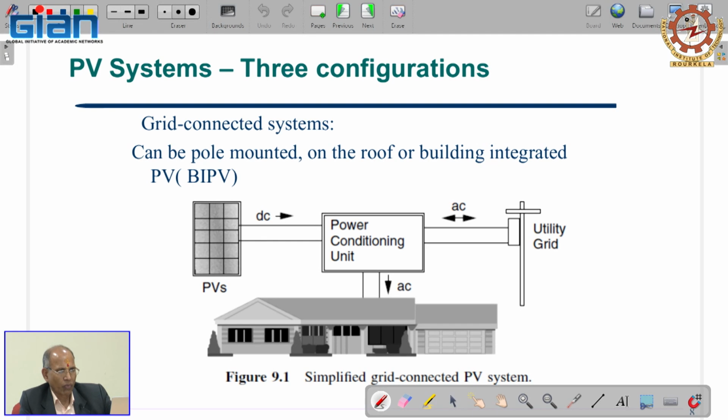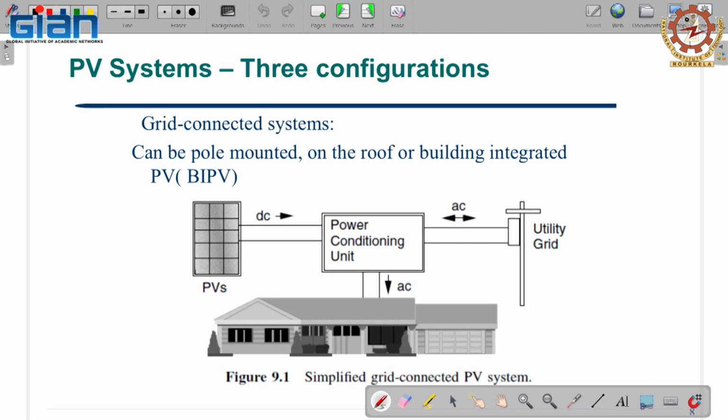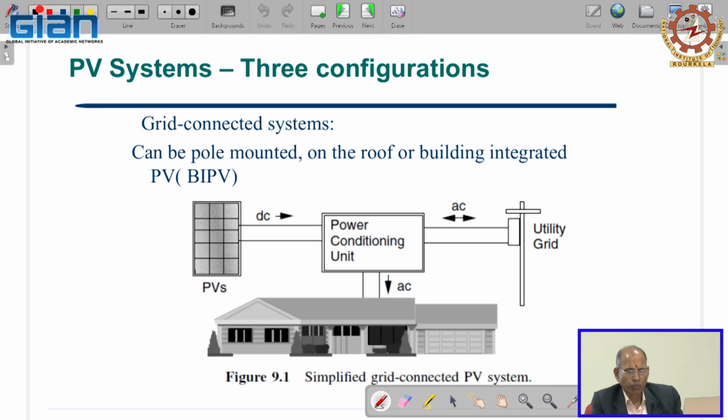As I said, we can have three configurations. A grid connected PV system, or a very small PV system that can be mounted on a pole, or a PV system placed on the rooftop of a building, or the PV system could be an integral part of the building, what we call building integrated PV, BIPV.